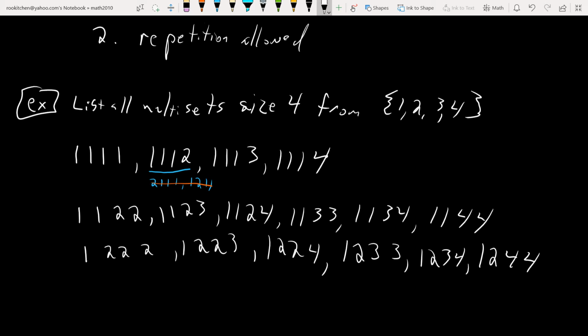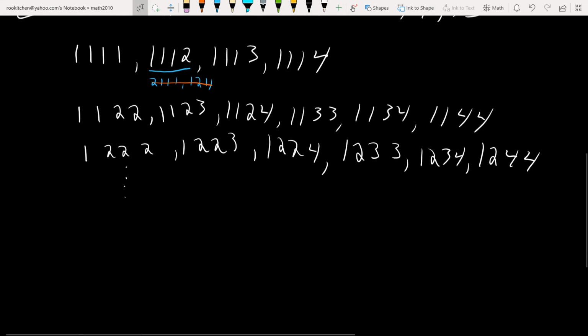It's going to take a while, but you could enumerate them all in this fashion. Ultimately you would have all the ones with 3s in them, with 1, 3, so that would be 3, 4, 4, 4.